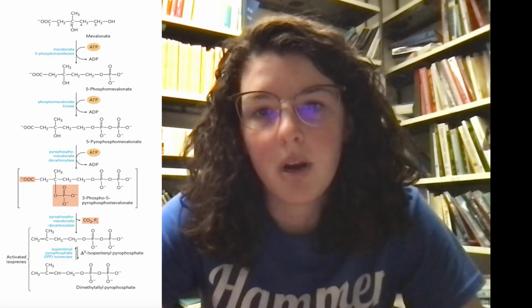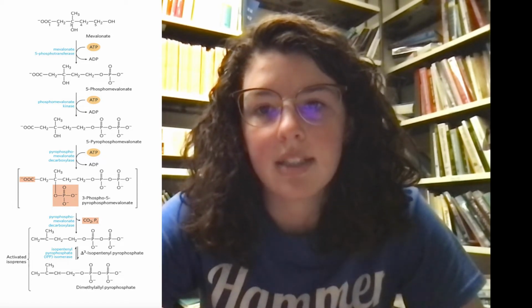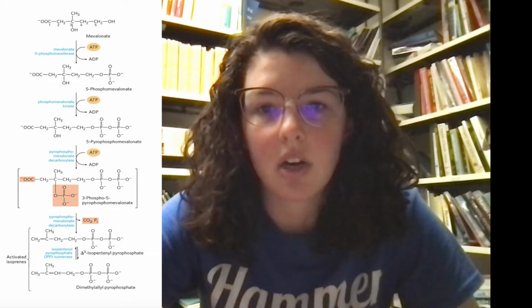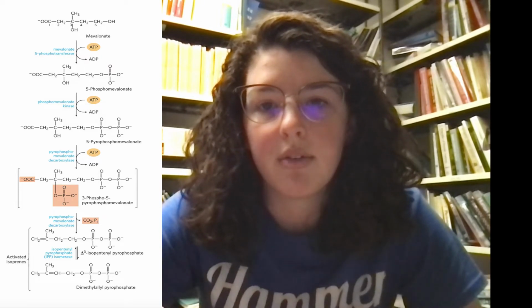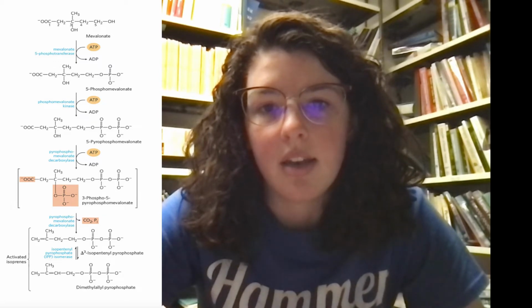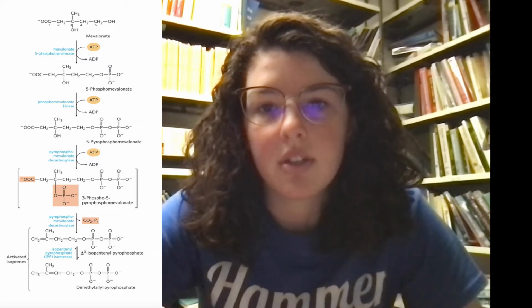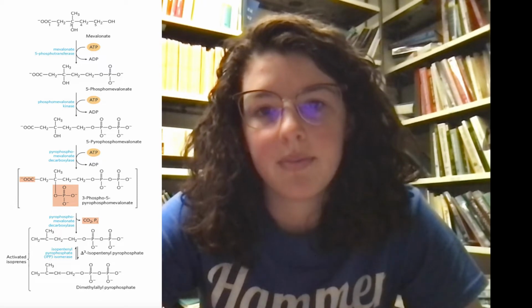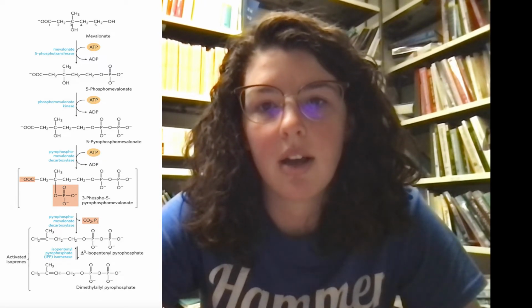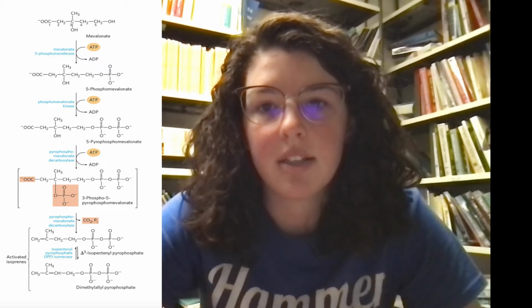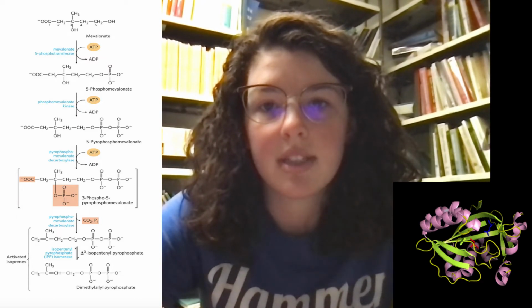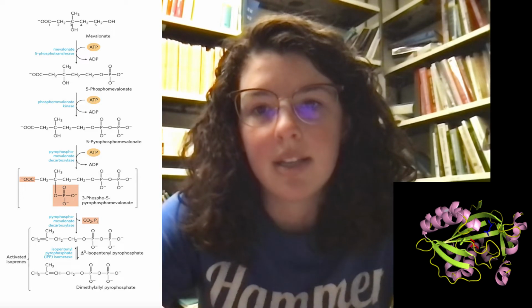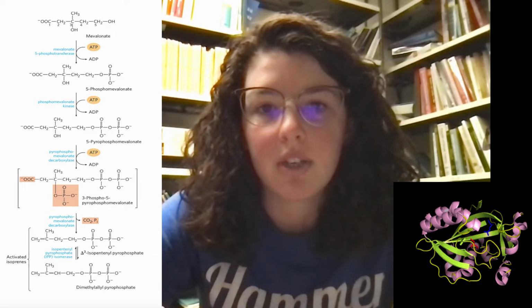The 5-carbon product is released, and it has a double bond between the first and second carbons, and this is known as delta 3 isopentenyl pyrophosphate, and this is the first of the 2 activated isoprenes. This can then undergo isomerization using isopentenyl pyrophosphate isomerase to produce the second activated isoprene, dimethylallyl pyrophosphate.